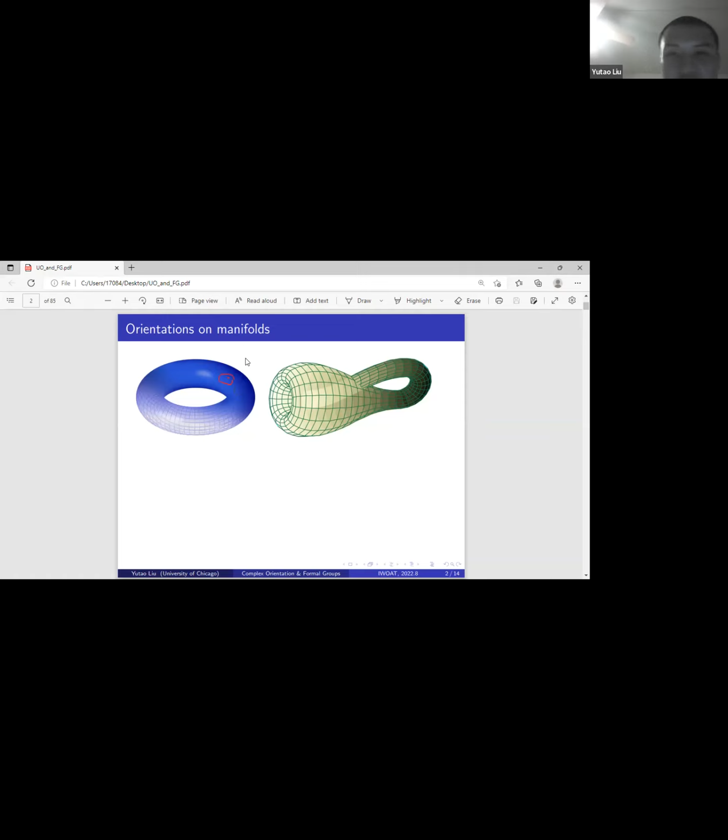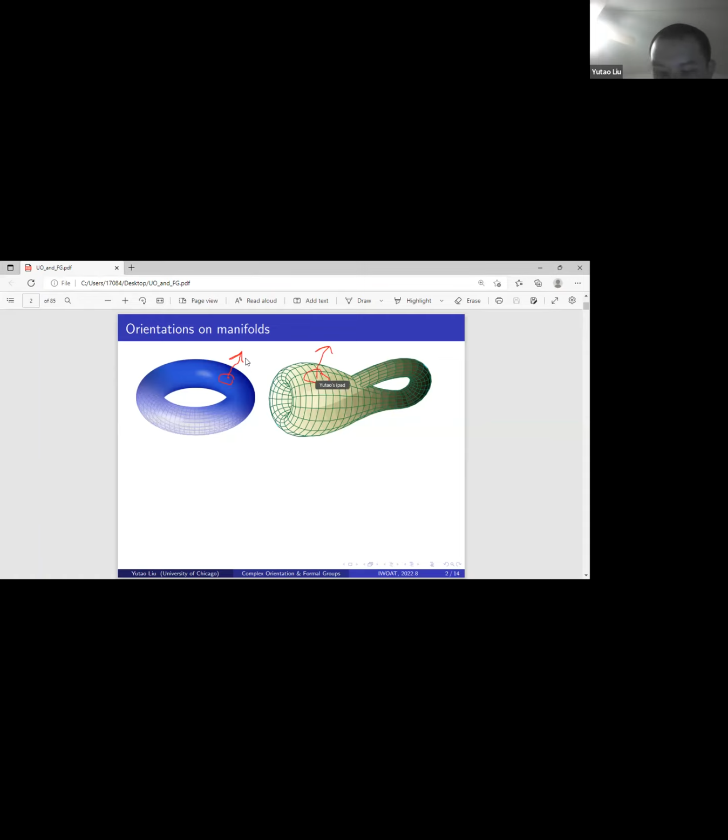In our examples, such kind of local orientation can be expressed by a choice of the normal vectors. You can either choose it to pointing upward or pointing downward, which will correspond to the two orientations on this small disk. You can do the same thing on the Klein bottle.